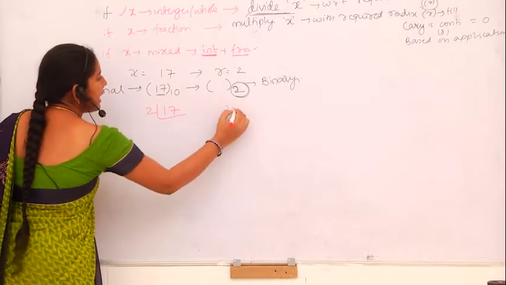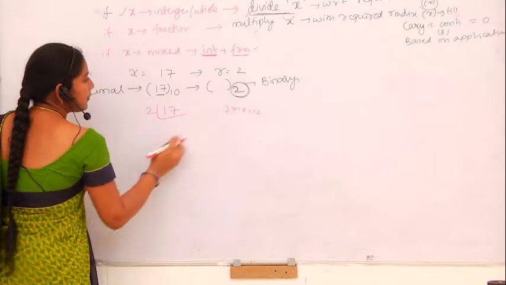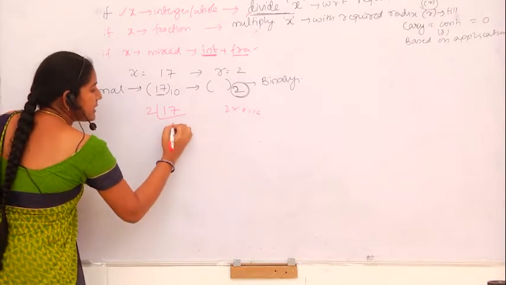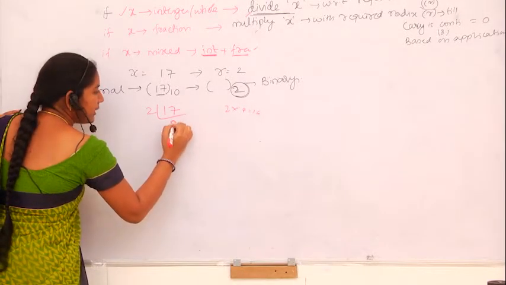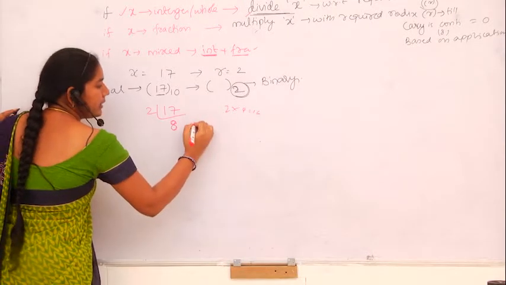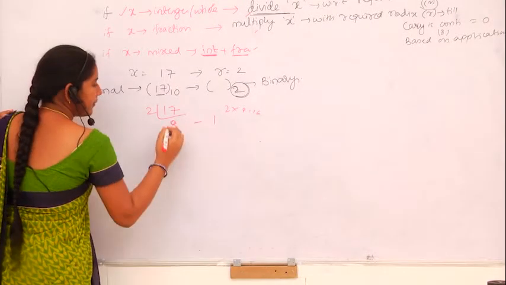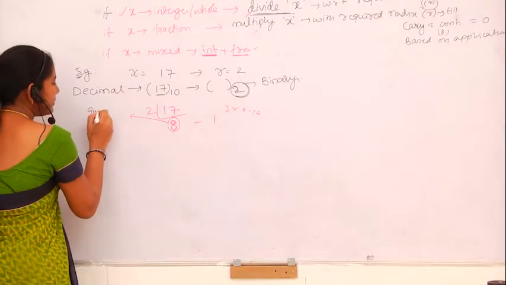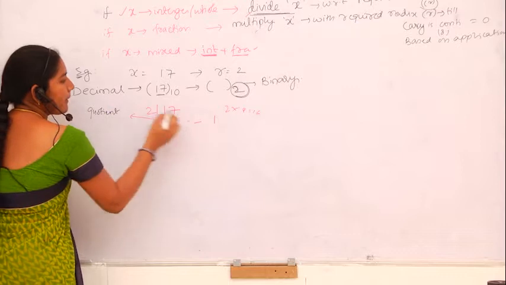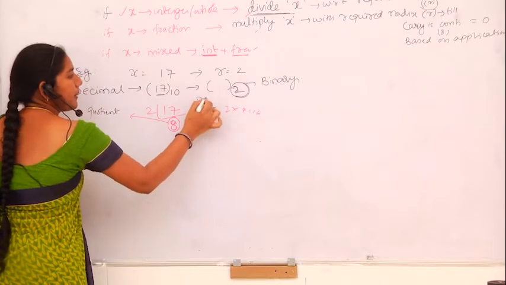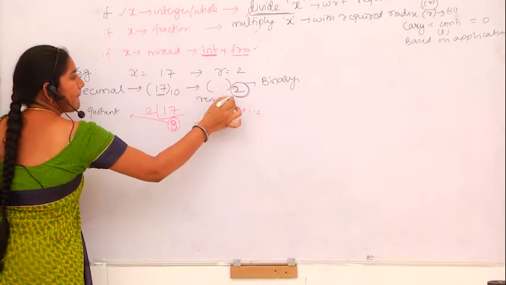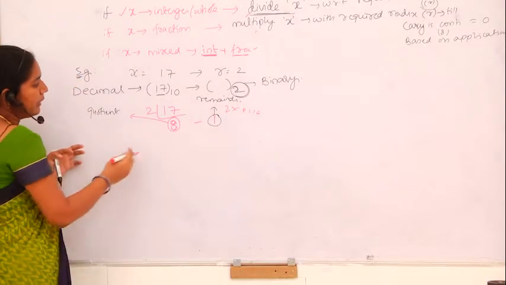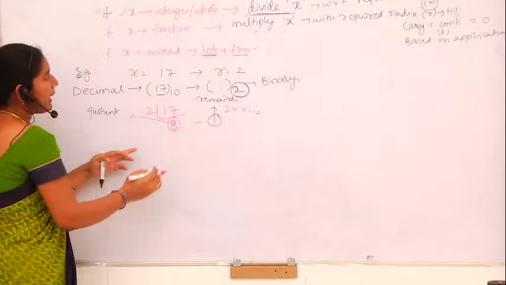As 2 8s are 16, we need to consider only the quotient part here and write the remainder here. So, this part is quotient and this is remainder. Why am I considering this quotient part only?